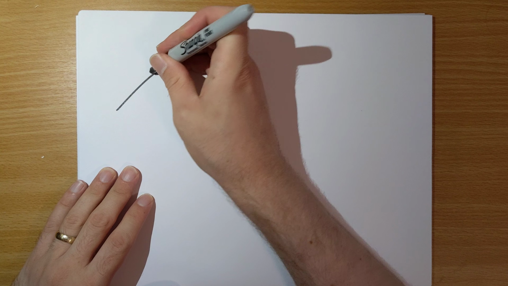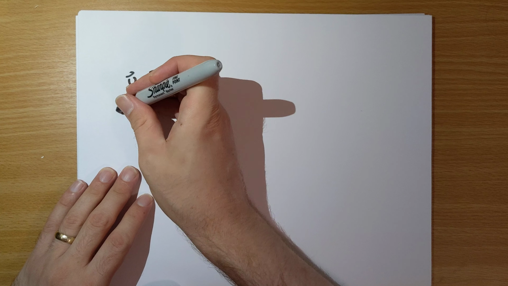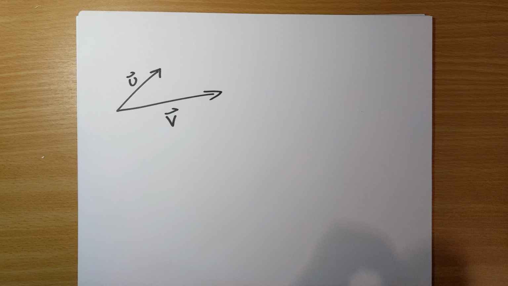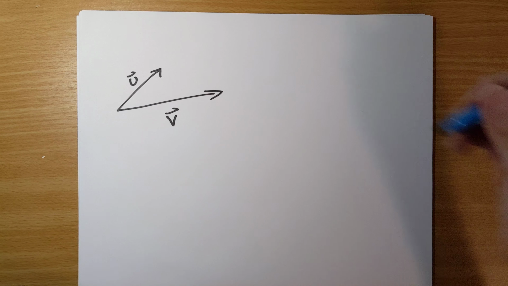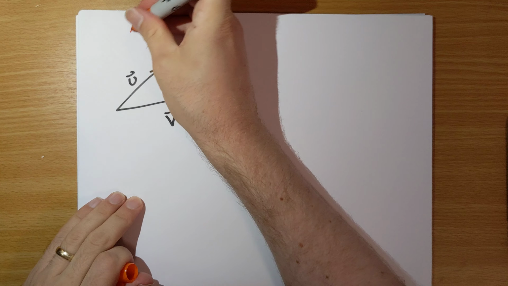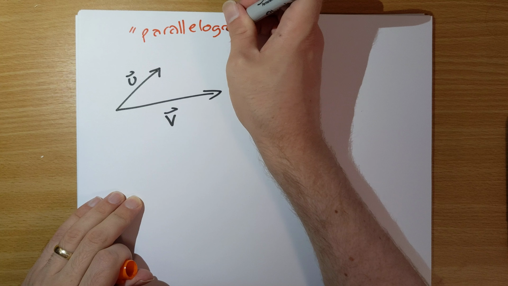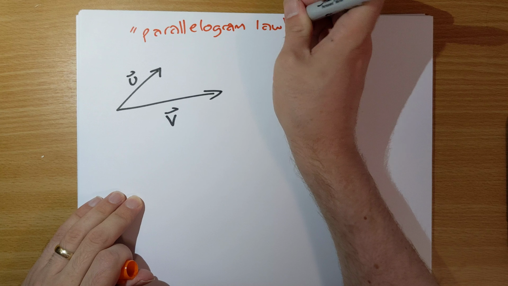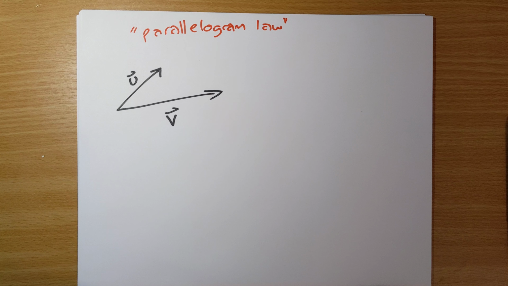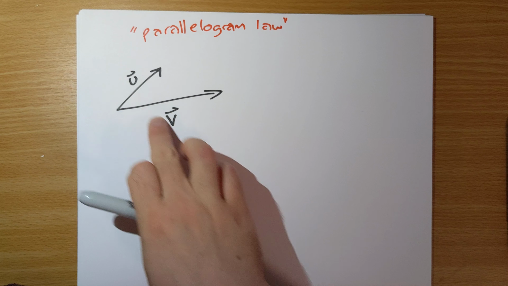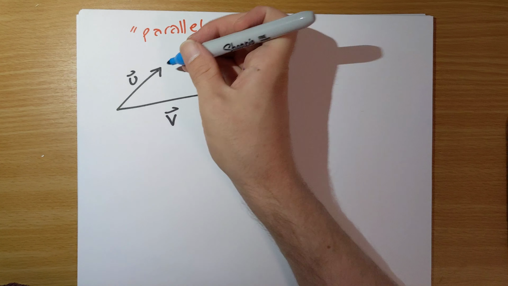If we have a vector u here and a vector v here, we add vectors together using what's called the Parallelogram Law. The idea here is we're drawing the vectors so they're starting at the same point.